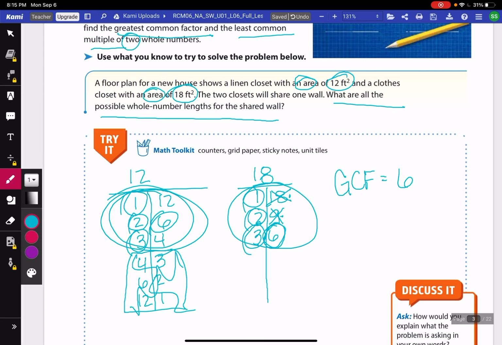Yeah. So we could say that the possible lengths are 1 foot, 2 foot, 3 feet, and 6 feet. But our greatest common factor is 6. Just keep that in mind.